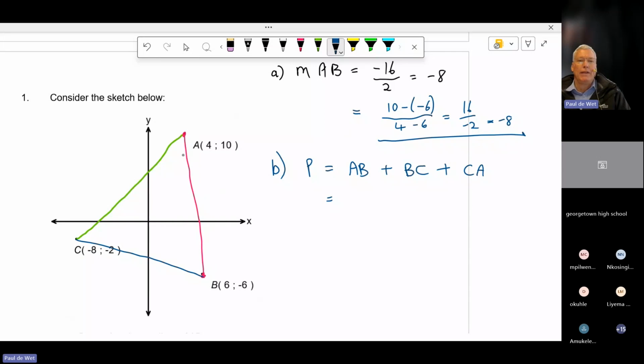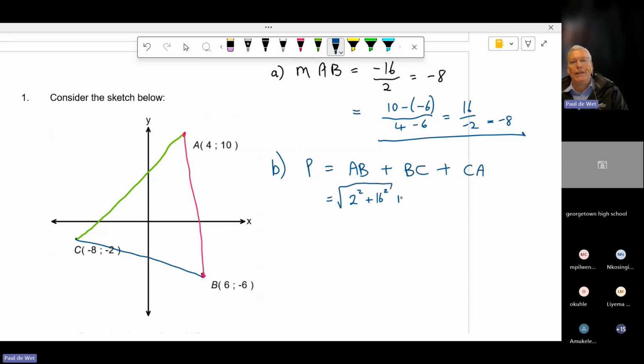This one is easy because I've just worked out the gradient. The x change is 2, so it's going to be 2 squared, and the y change is 16, so 16 squared.